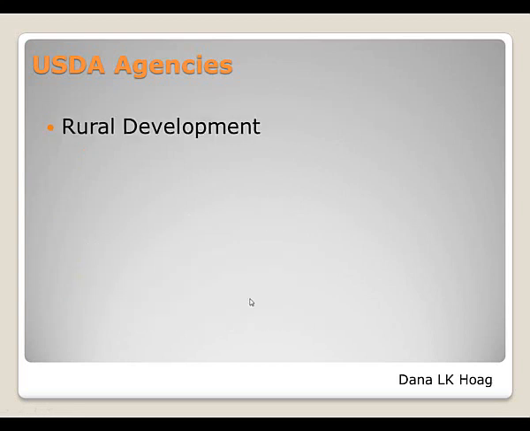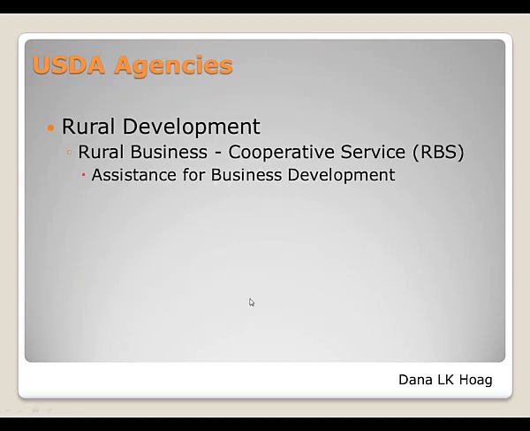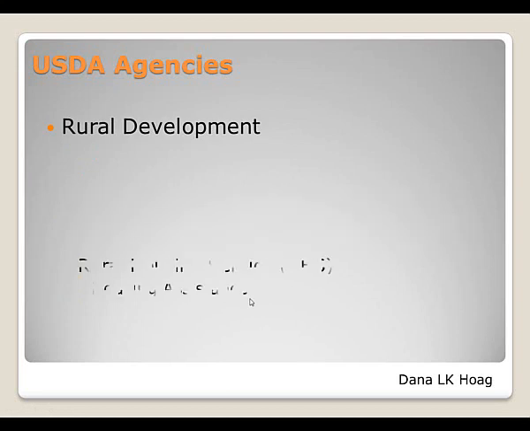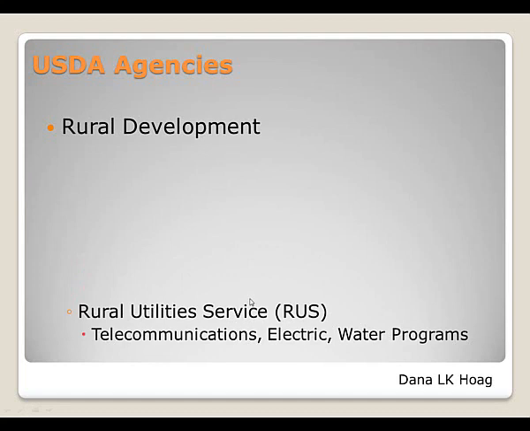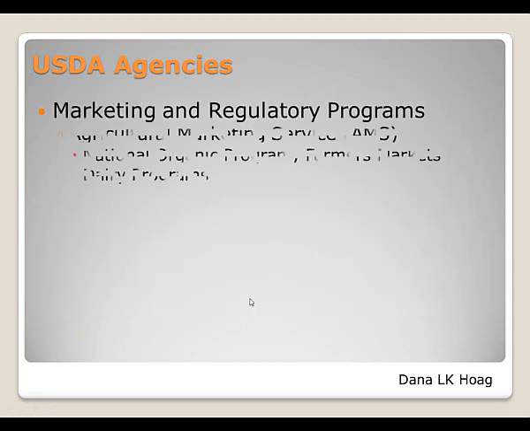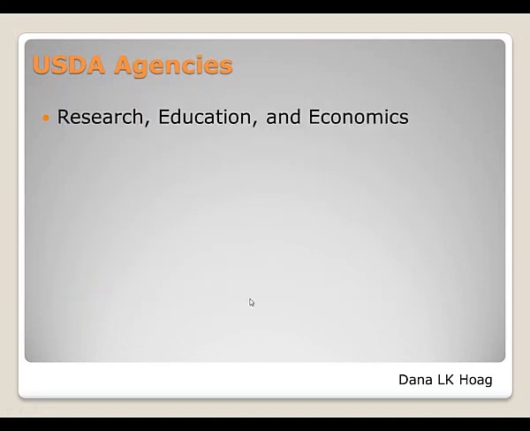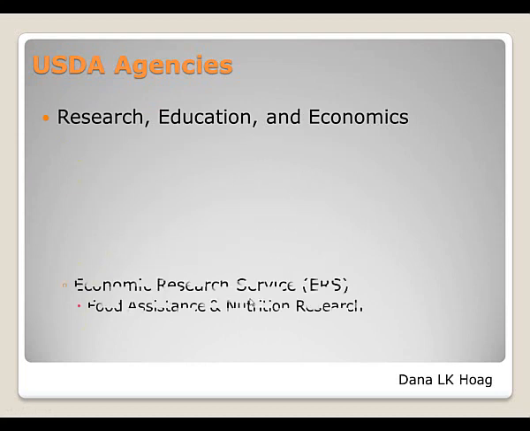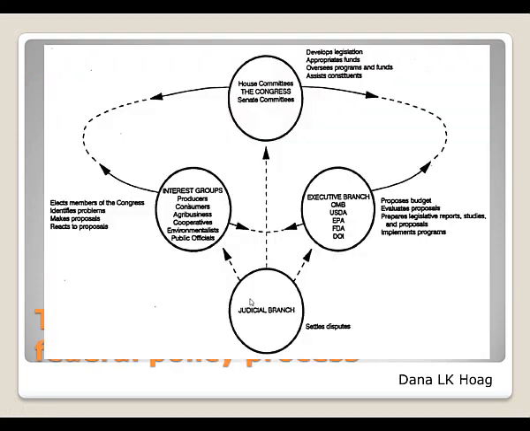There are rural development agencies like Rural Business, Office of Community, Housing and Service, and Utilities Service. There are food, nutrition, and consumer agencies, and so forth. So again, I'm not going to go through these because they are in my notes.